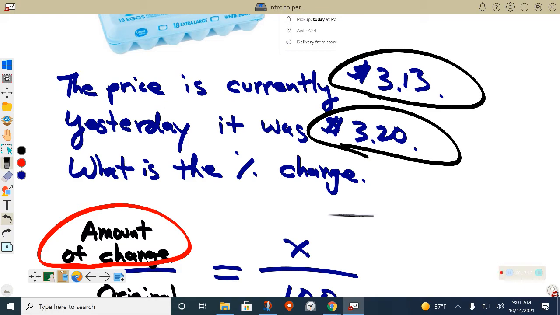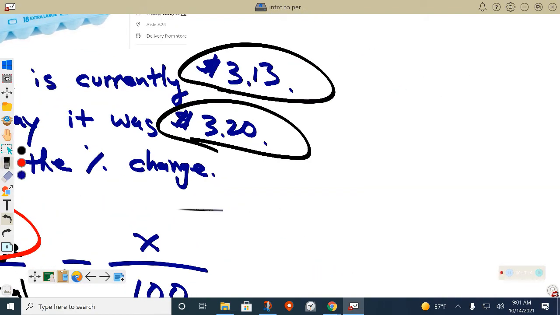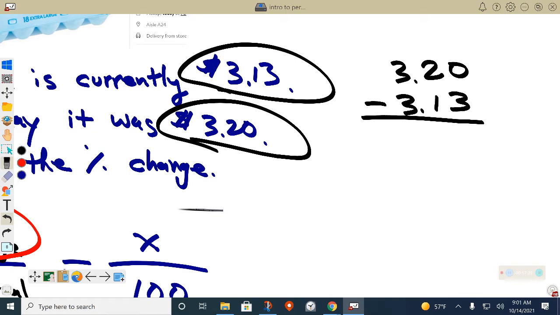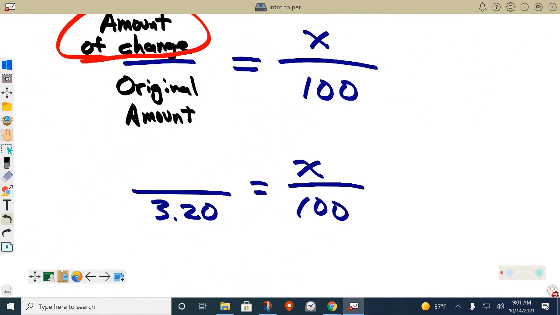In other words, if you forgot how to do decimals, $3.20 minus $3.13 will give you how much the price changed in money. That gives us 0.07. Look, 7 cents, 0.07. That's going to go right here.